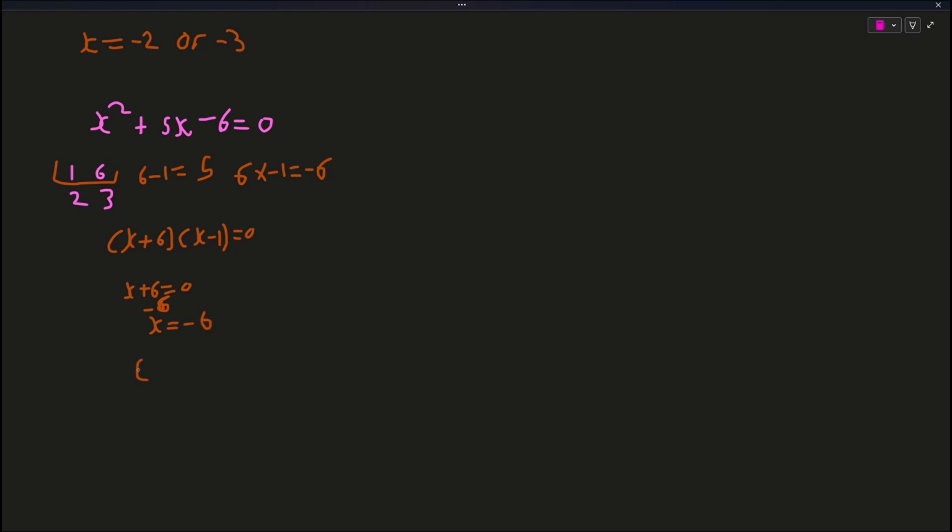And x minus 1 is equal to 0, plus 1 both sides, that gives us x is equal to 1. So either x is equal to minus 6 or positive 1, or just 1. But just to not confuse, I'll make it clearly a 1.